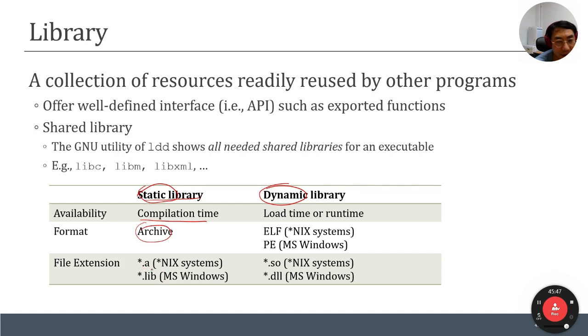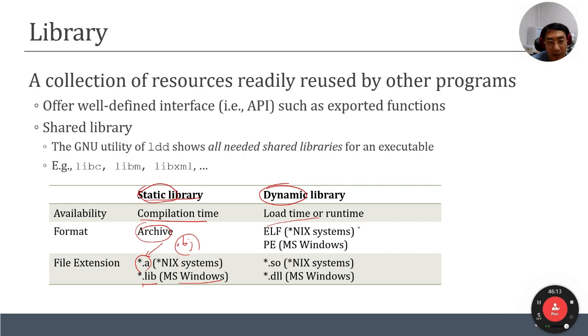In the Linux system, you can see the file extension .a, which is a combination of all the object files. And in Microsoft Windows, the file extension is .lib. A dynamic library can be loaded at load time or runtime.